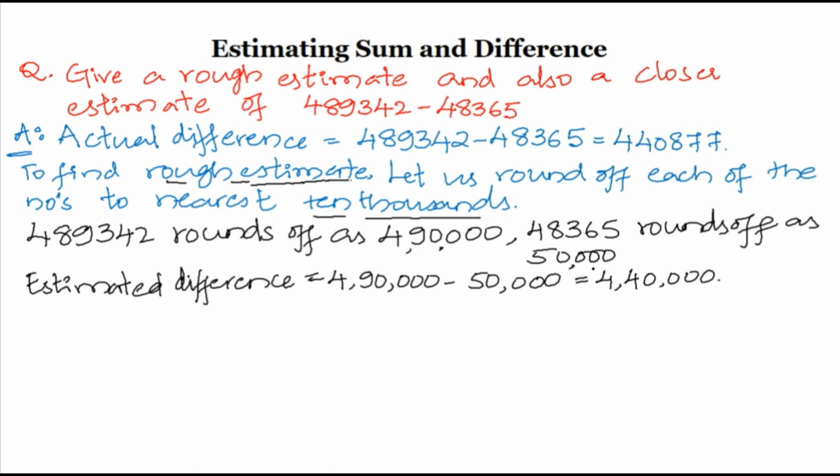Is this estimate a closer one? Look at, we have got the actual difference as 4,40,877. Suppose if I round off each of the numbers to the nearest thousands, what would happen? Here the digits at thousands place are 9 and 8. They are a bit closer to each other.